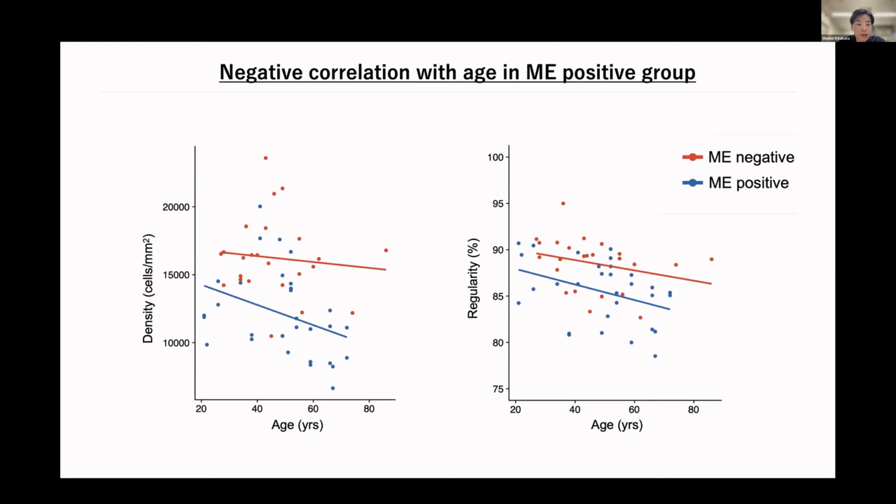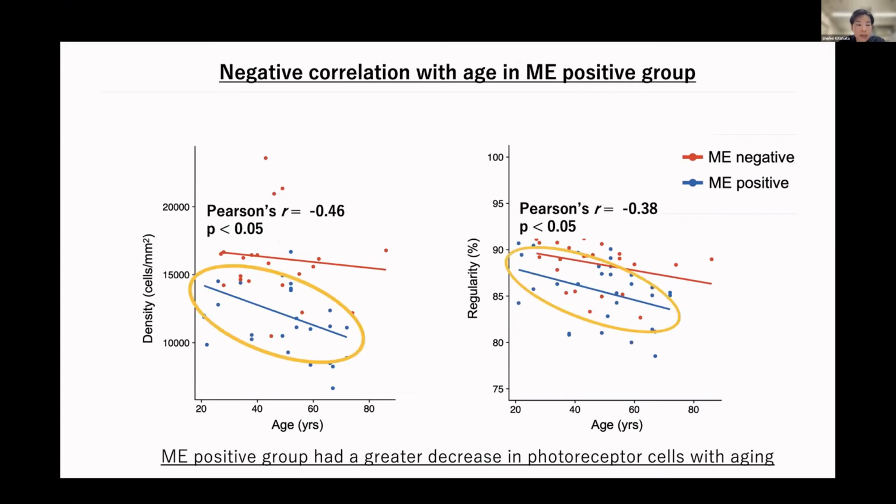In the ME negative group, there was no correlation between photoreceptors and age. On the other hand, in the ME positive group, there was a negative correlation between photoreceptors and age. In other words, it was suggested that the ME positive group had a greater decrease in photoreceptor cells with aging.